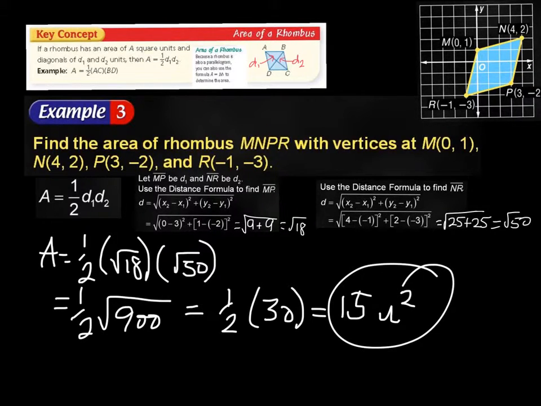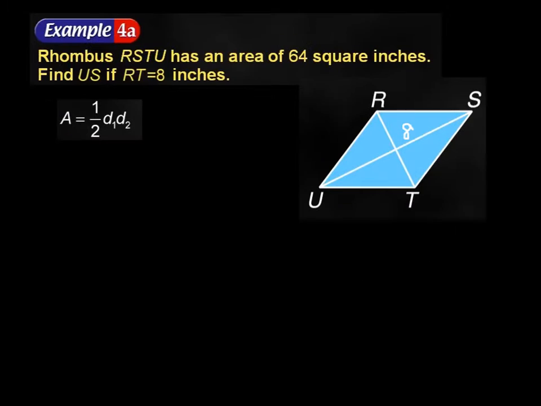The next diagram's not quite so complicated. Rhombus RSTU has an area of 64 square inches. Find US if RT is 8. Now, they might give you a problem like this without drawing the diagram. You'd have to draw it yourself. That'd make it more complicated, but otherwise it's not too bad.